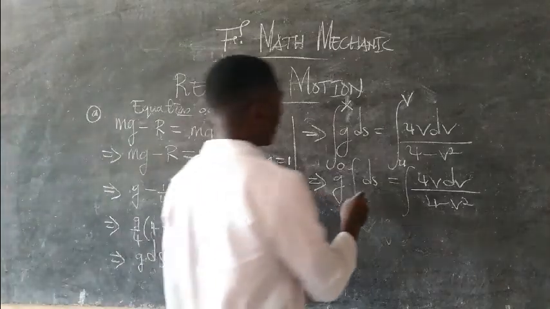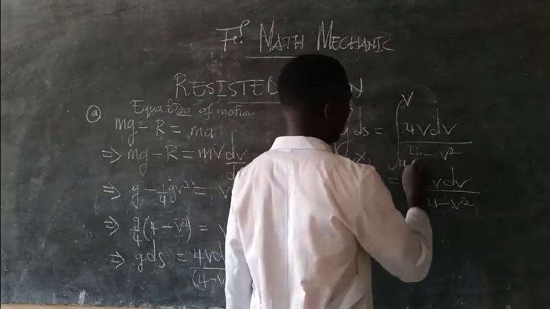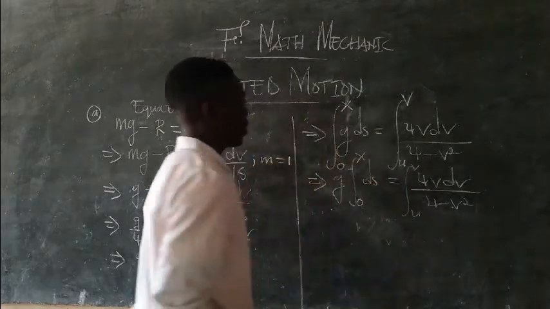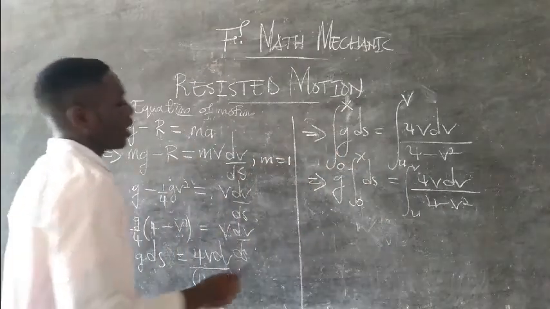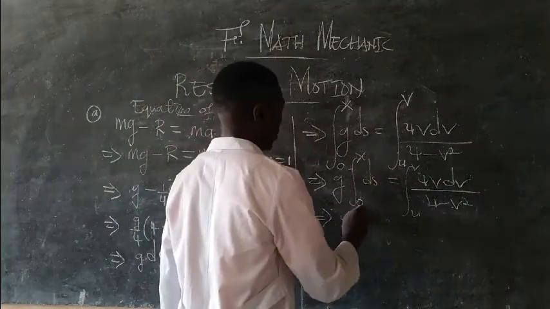Let's write it like that, then at the end we substitute 0 and x, and then u and v. So when I integrate ds, I'm going to have s, the distance, with limits 0 to x.